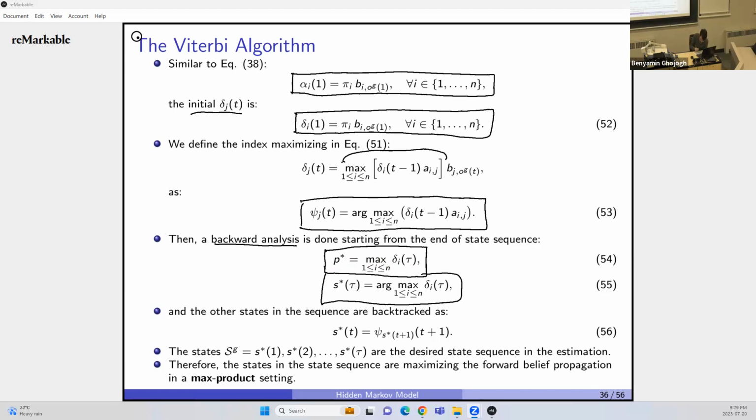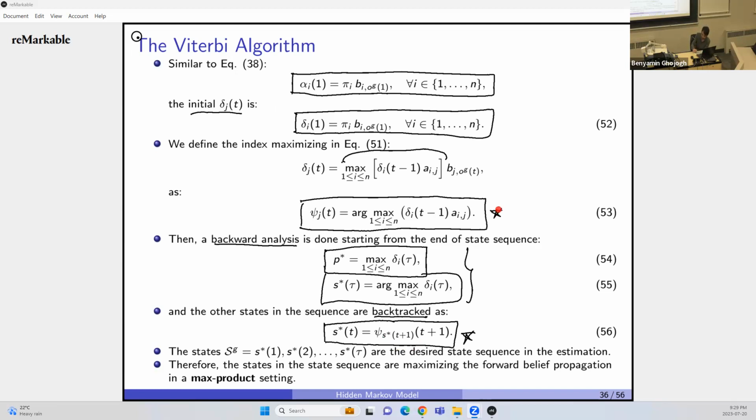And then we do it recursively. We call it backtracking. We backtrack it. So we start from the end and then we backtrack it using this equation. By the way, why is this true? What was psi? This is the definition of psi, right?